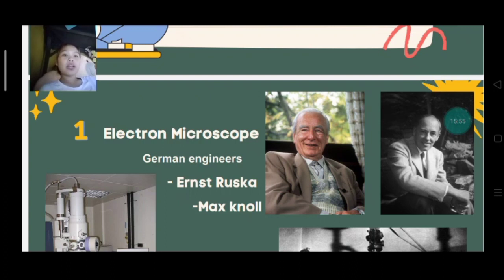So first we have here the electron microscope. German engineers Ernst Ruska and Max Knoll built the first electron microscope during the 1930s.